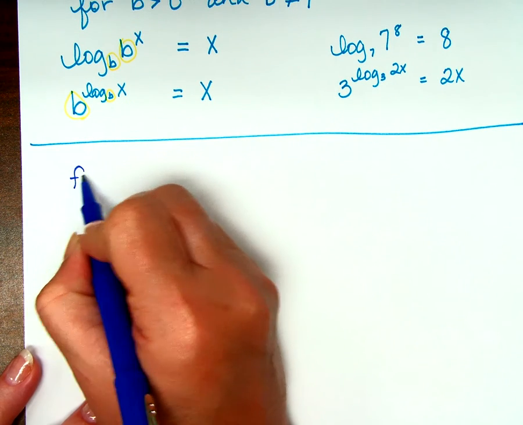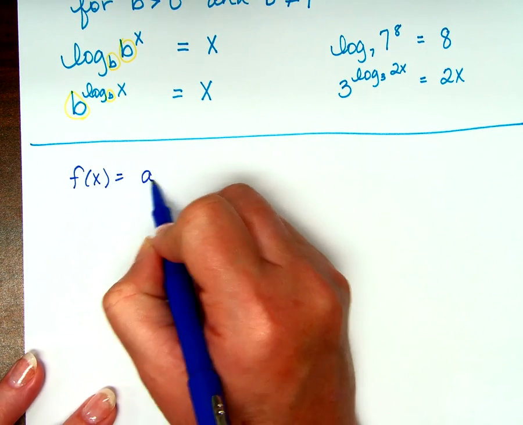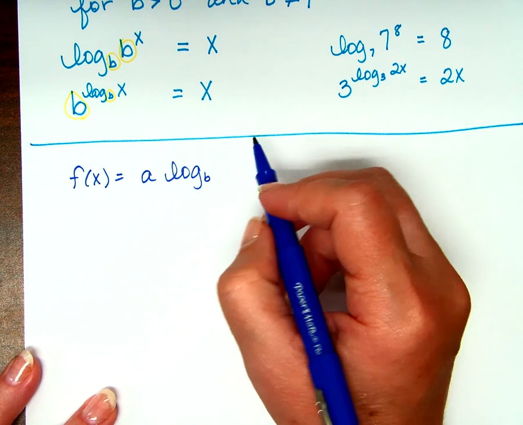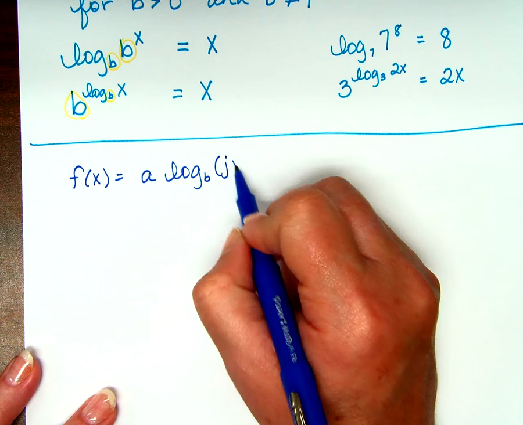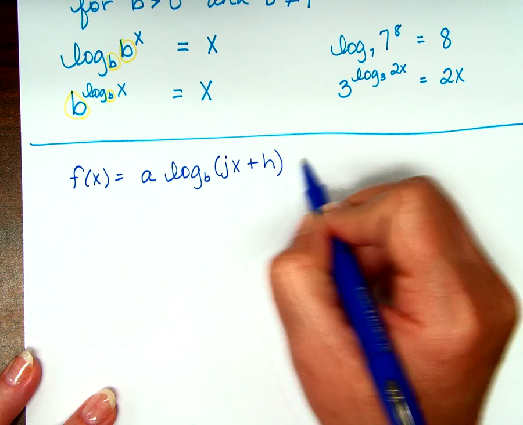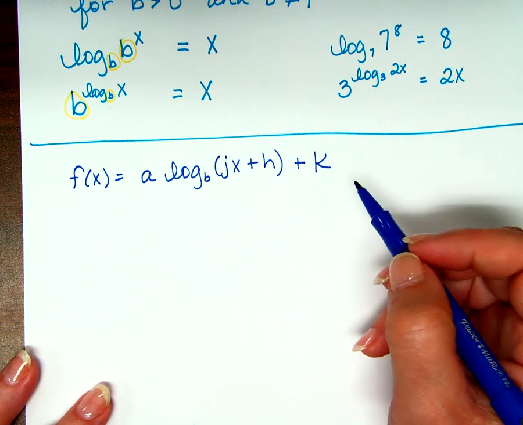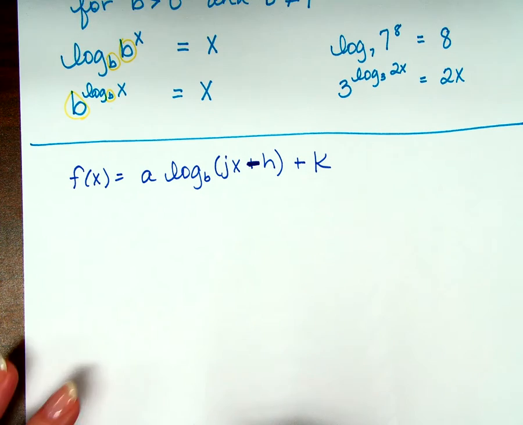F of x equals a log base b of j x plus h plus k. Can I fix this? This should be a minus. Please forgive me, that should be a minus.